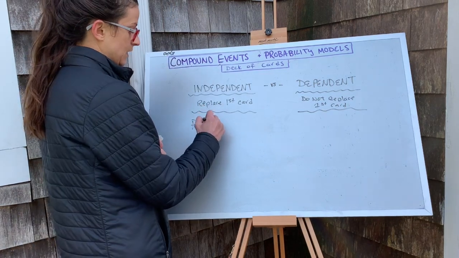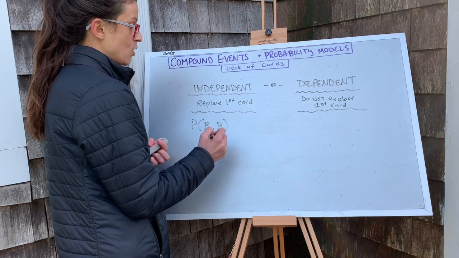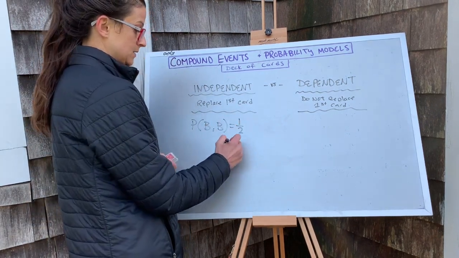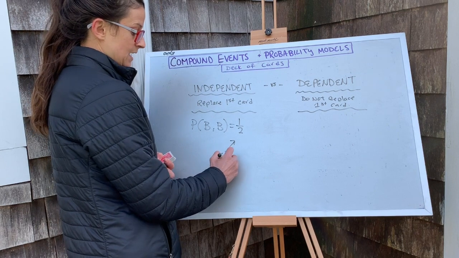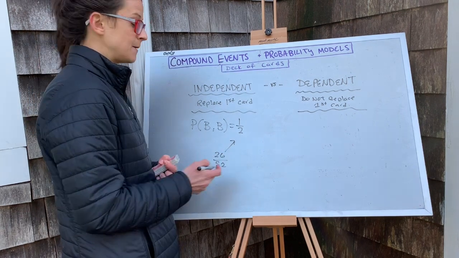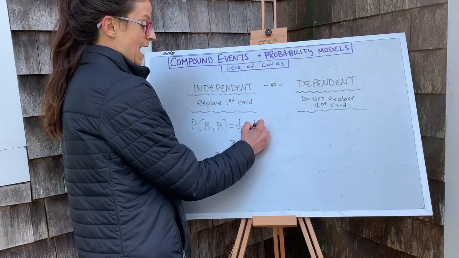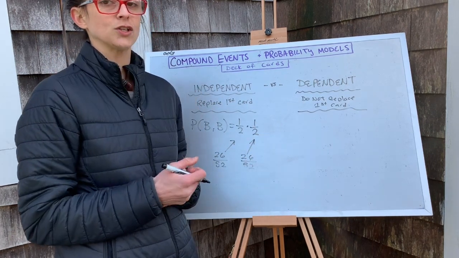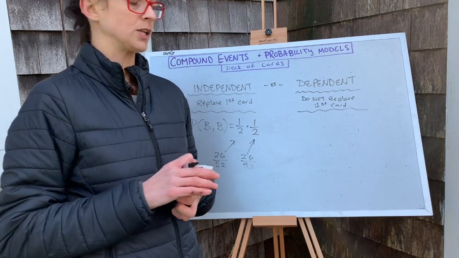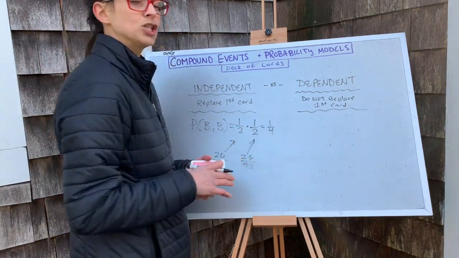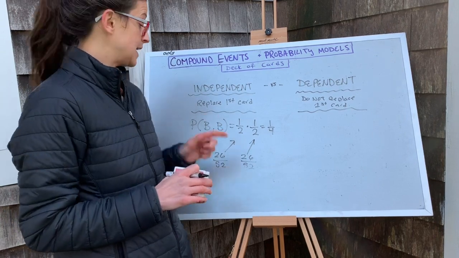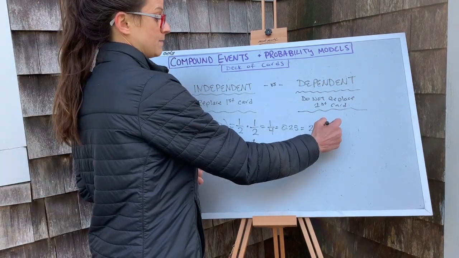The probability of getting a black and a black card when you replace them is 1/2 times 1/2, because 26 out of 52 cards are black, both times. Because we replaced that first card, there's still 26 out of 52 cards that are black. The chance of us getting 2 black cards in a row while replacing the first card is 25%.